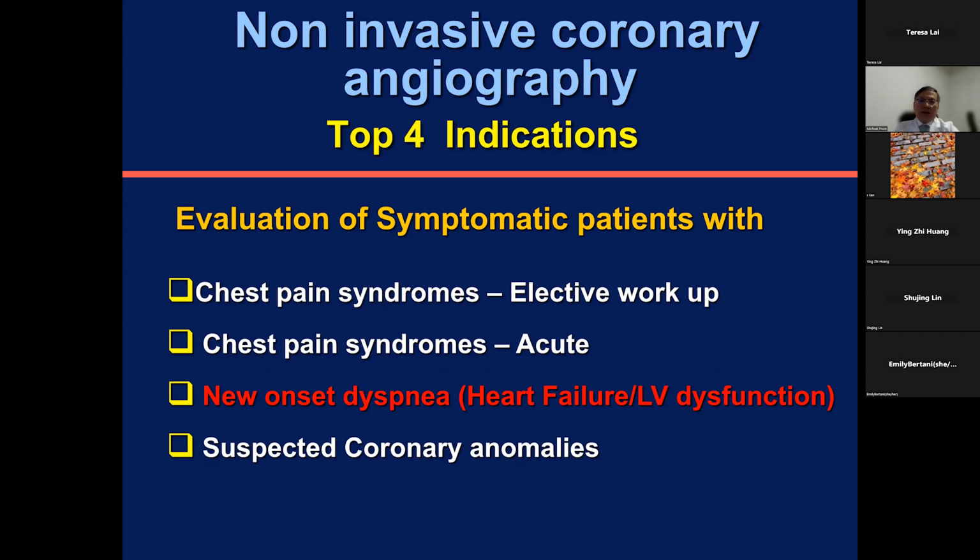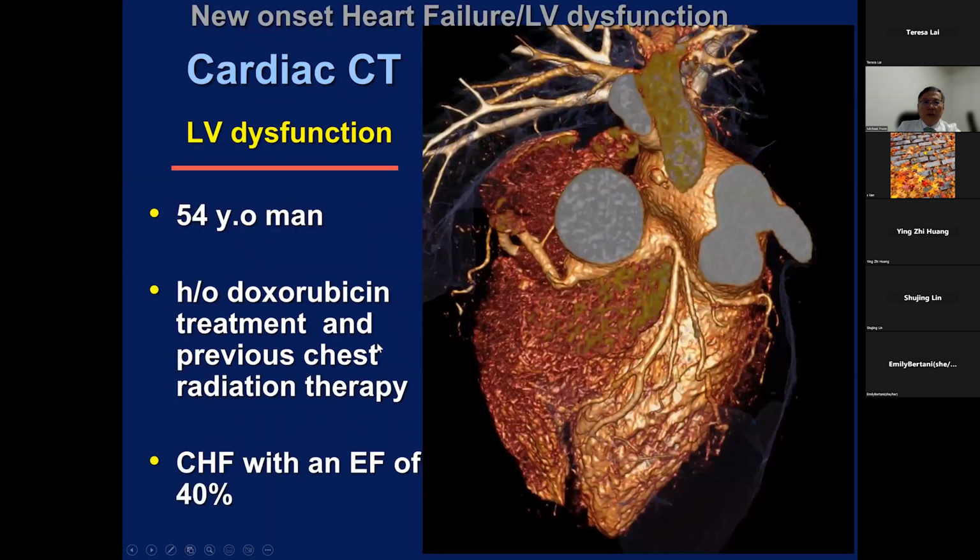So what's going on? Is this deconditioning, or is this coronary artery disease? Again, data and our own clinical experience tell us that CTA is very, very useful for this.